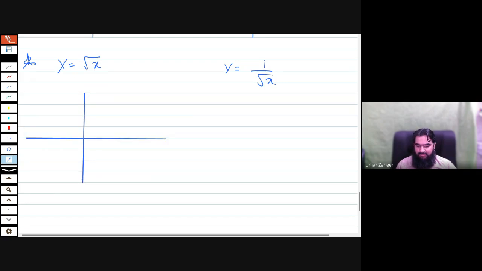In this one, the shape of the graph is going to look like this for the positive value. And for the one in the denominator, it will become a reciprocal basically. The shape is going to look like this.